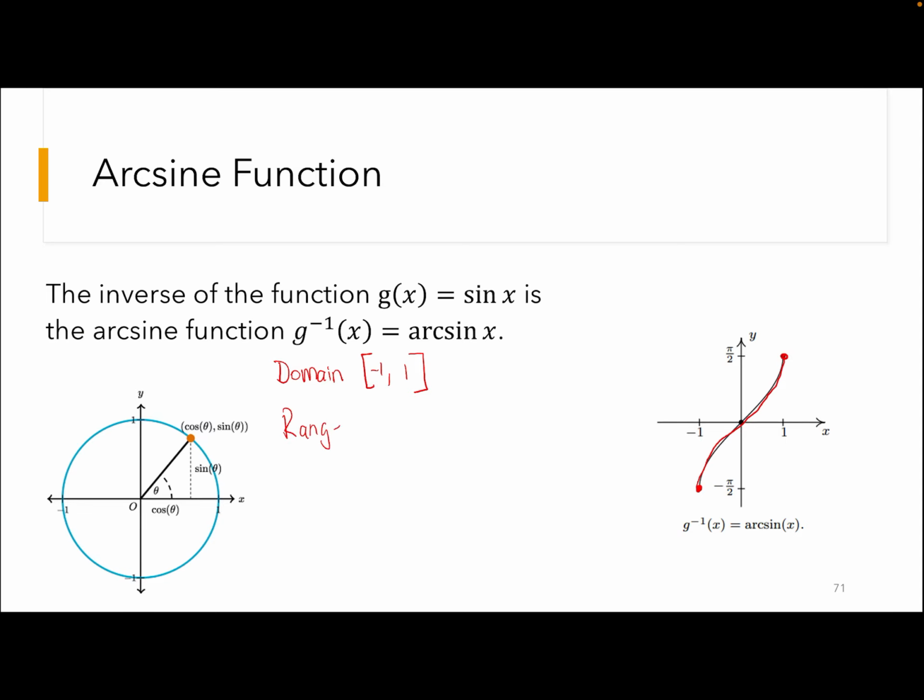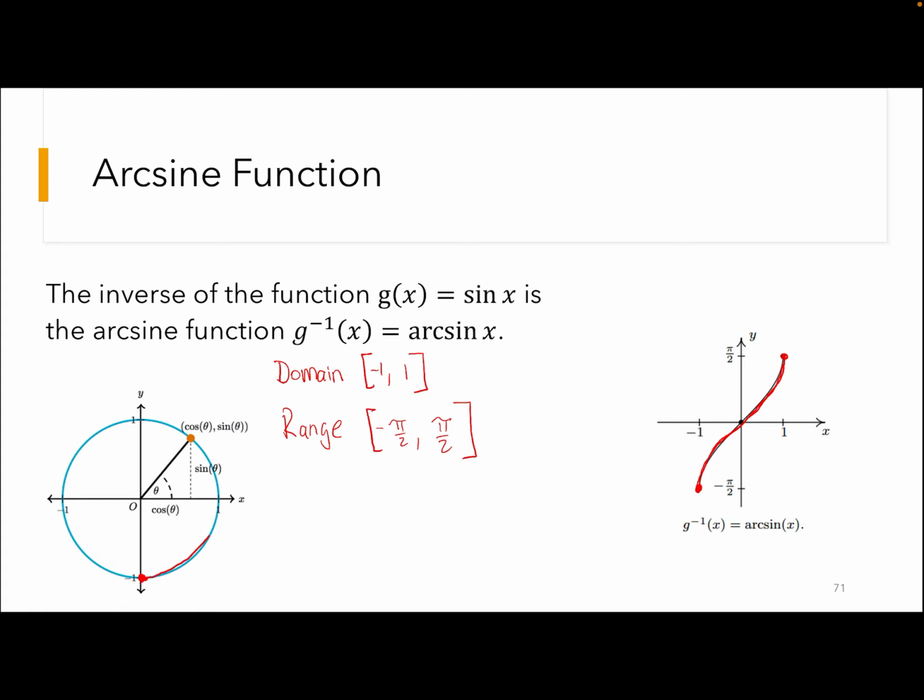And then the range, now range again is from low to high. So we start at -pi/2 and we end at +pi/2. So our range is going to be from -pi/2 to pi/2 inclusive. Now if we look at our unit circle, -pi/2 is down here.